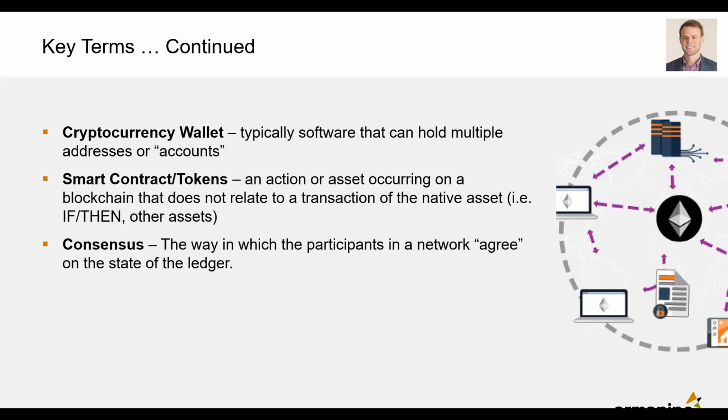Well, how do we make sure that we're all agreeing on what is the right next block? There are a few different ways that these networks can reach consensus. Proof of work is one example. Proof of stake is another example. Now, to be honest, to transact in cryptocurrency, you don't need to know how that works. That gets you into a level of technicality that is really not required, but it is interesting. And if we have time, we can get into what some of those different consensus mechanisms are.